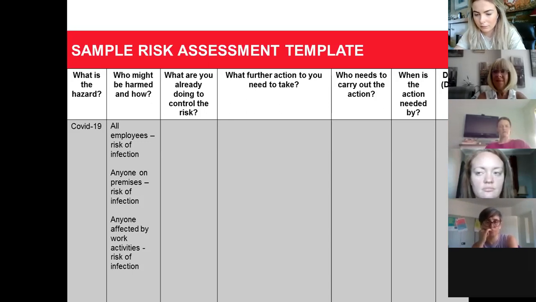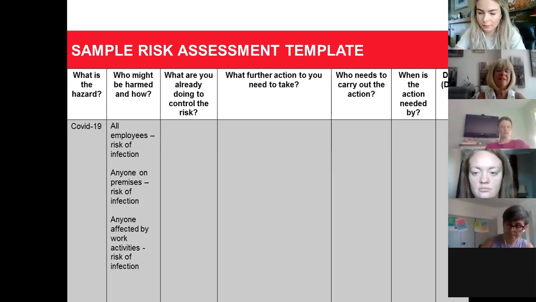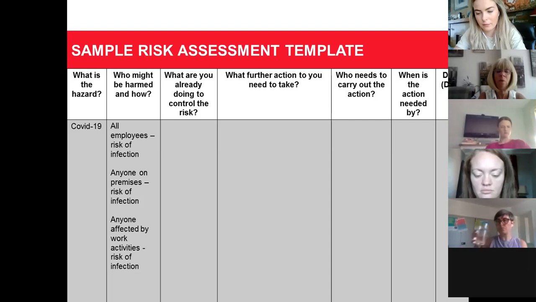What tends to get missed a lot of the time in risk assessment in this category is also anyone who is affected by your work activities. These are people that may not necessarily be on your premises, but you might be the employer, for example, who will be sending out contractors to carry out work on other people's premises.